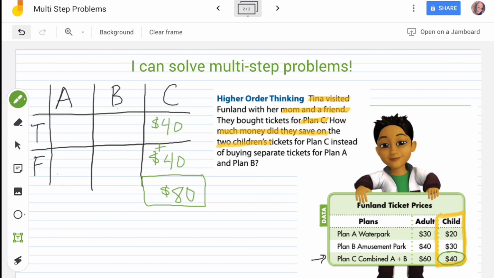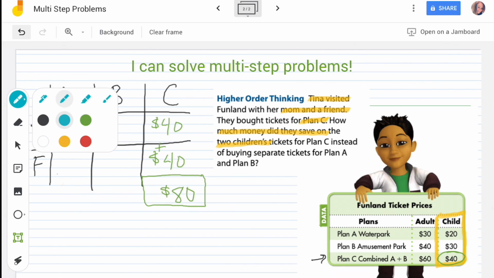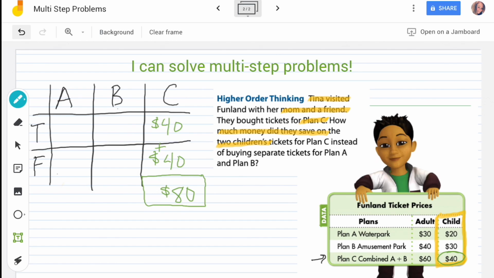Now let's figure out how much the tickets cost under each of the other plans. Go back to the data table. How much does each child ticket cost under Plan A? $20. Very good. So I know that Tina's ticket costs $20 and the friend's ticket also costs $20. How much is that altogether? That's right, $40.